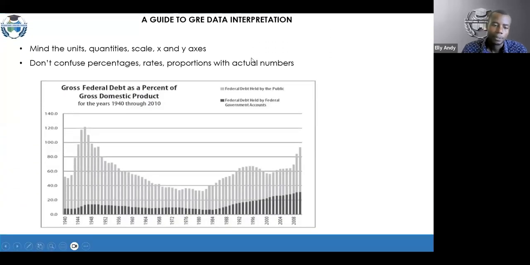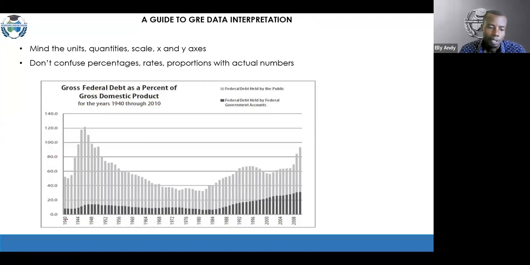And one last one to illustrate this point, which is very critical. We have this one here, a chart of gross federal debt as a percent of gross domestic product for the years 1940 through 2010. In the x-axis, we have the years, and in the y-axis, we have the percentages.